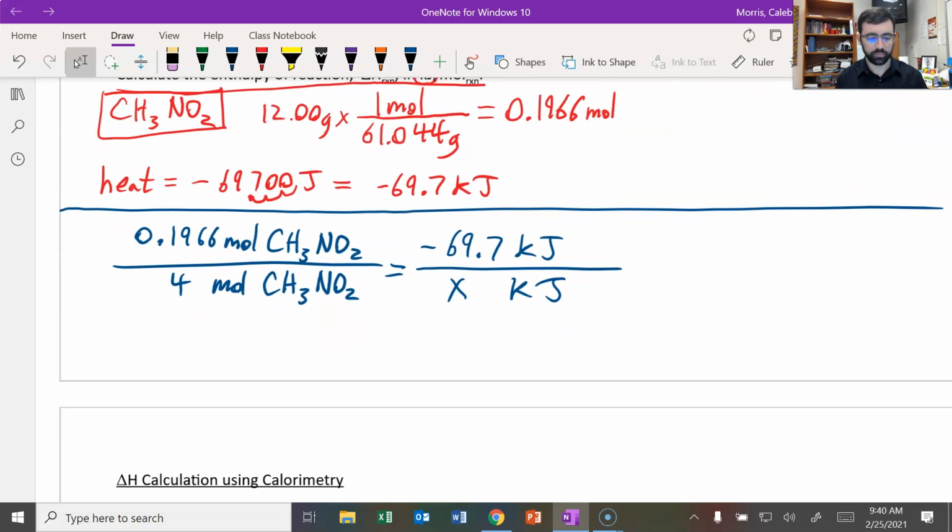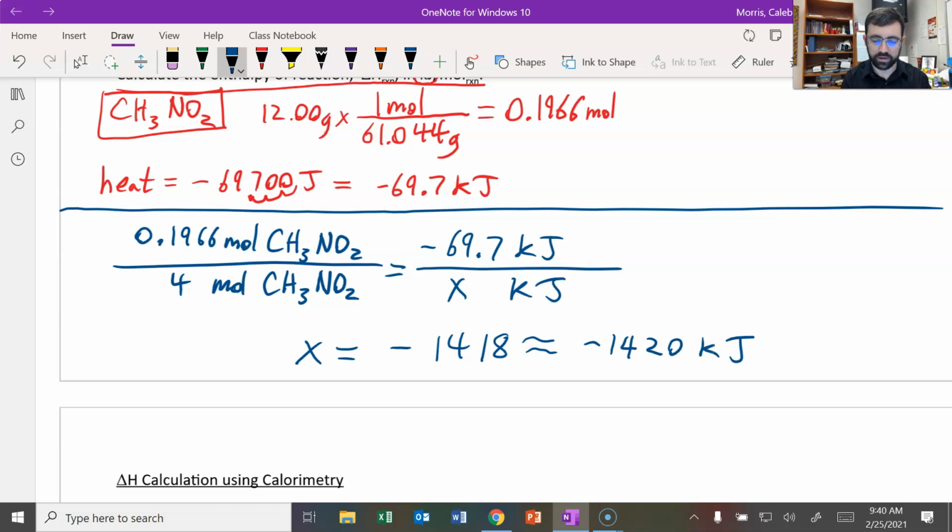Cross multiply, rearrange, you're going to end up with x being negative 1,418, which after rounding to 3 sig figs is going to be about negative 1,420 kilojoules.